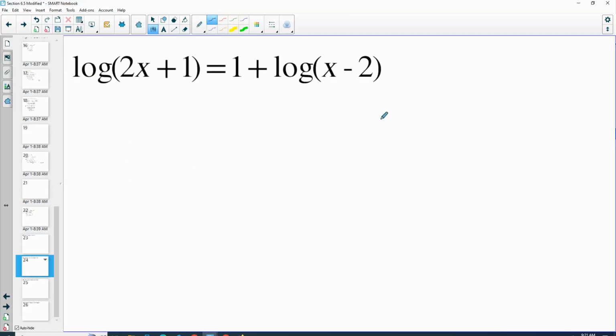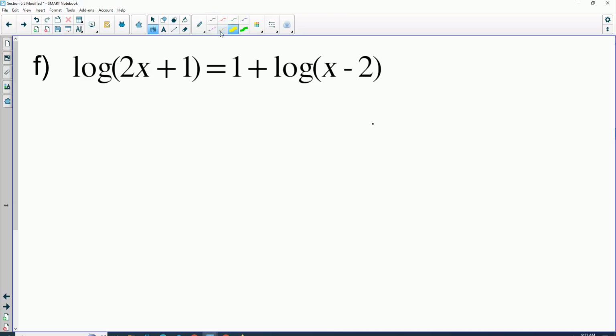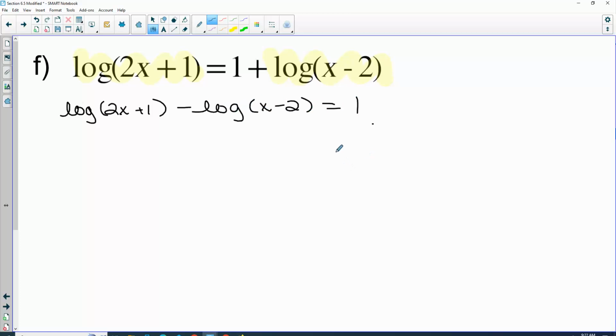Problem F. This one's different because these two have a log. The 1 does not. So we need to get our logs together. So we'll subtract over the log of x minus 2. If our logs are subtracted, how do we put them together?